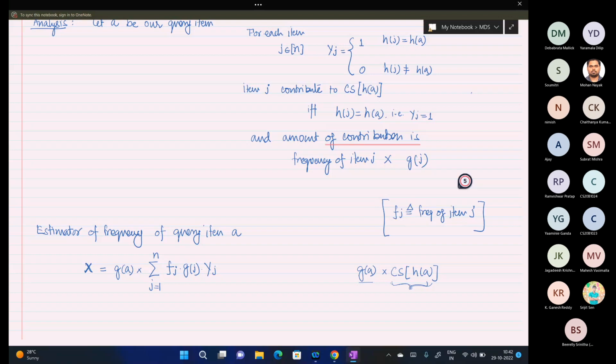So the contribution of the jth element will be its frequency times g of j, and we'll sum up for all the elements in the universe. So this term is analogous to this term.